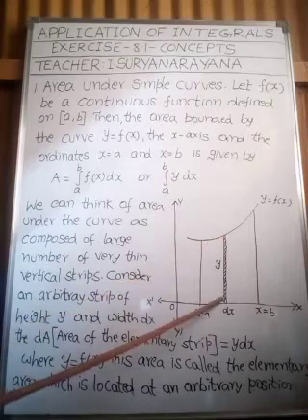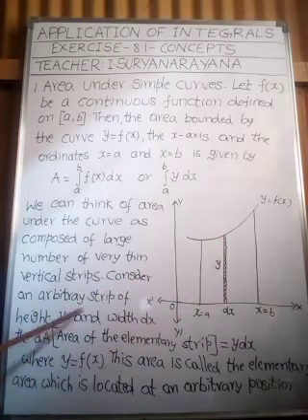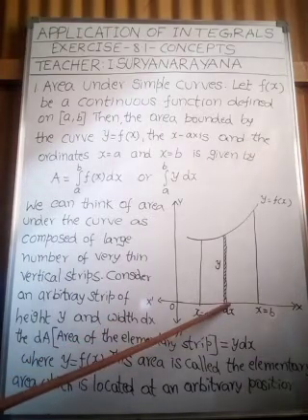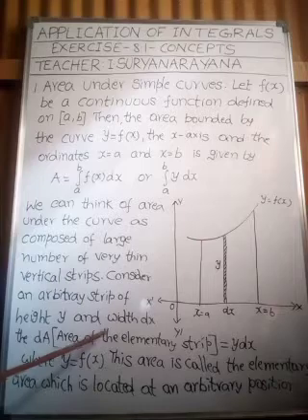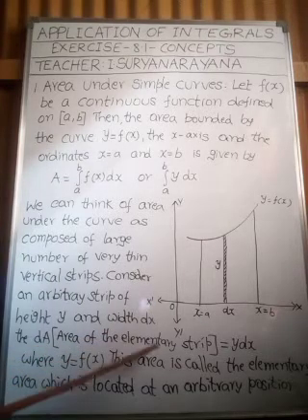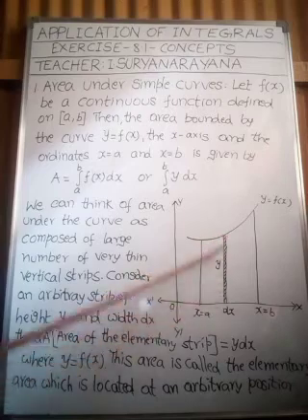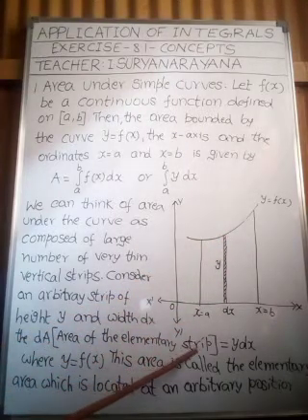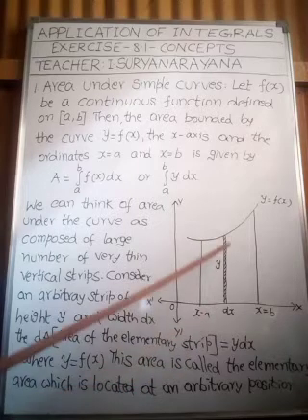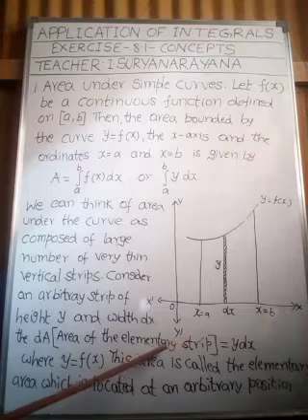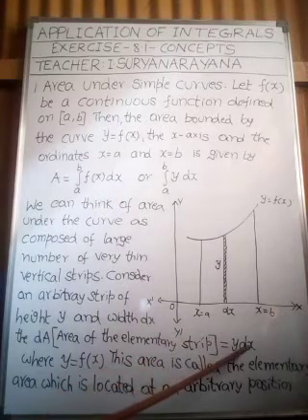This is the height of this thin vertical strip, and width is dx. Then dA denotes area of the elementary strip. This thin vertical strip is called the elementary strip, and its area is equal to y into dx.